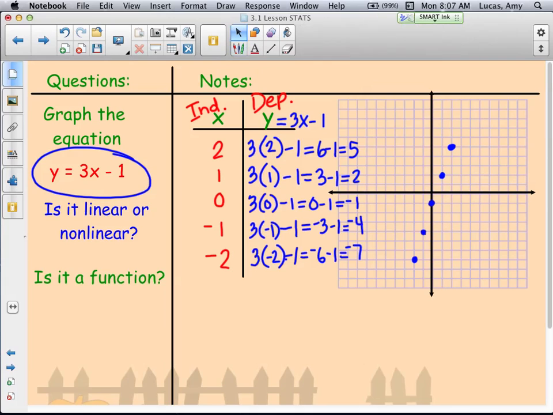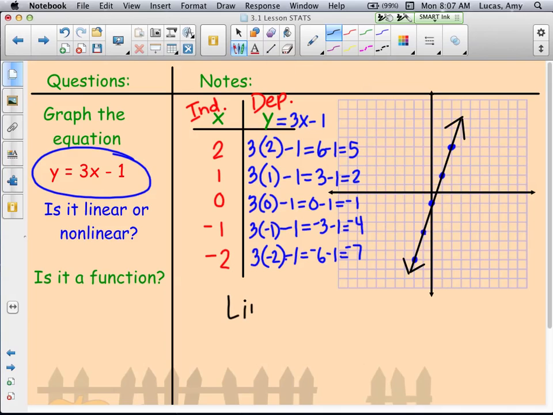So looking at these points, I connect them, I get a line. So, is it linear or nonlinear? I am going to say this one is linear because my graph is a line.